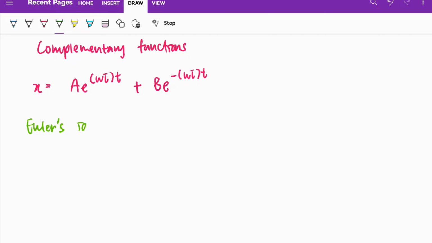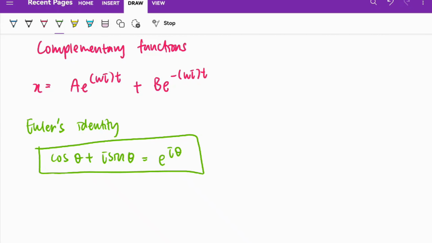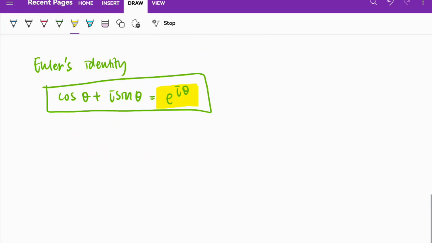Anyways, it's an identity in complex numbers where cos theta plus i sin theta equals e to the i theta. Right? Am I right? And if you realize, this form is almost similar to this form here. Both forms here are very, very similar.